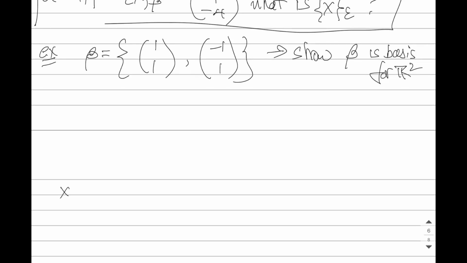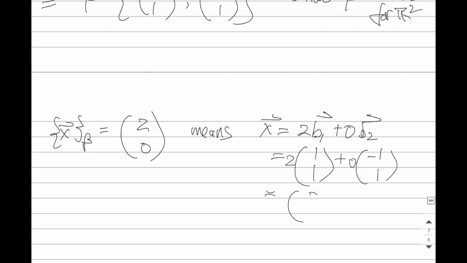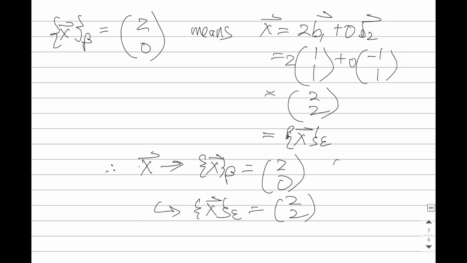If I tell you that the coordinate representation of a vector in this basis is (2, 0), this means that the vector x is formed by 2 bunches of b1 and 0 bunches of b2. You know what the basis representation is for each one of them, and that tells you you'll end up with the vector (2, 2). And this is what the vector representation would be in standard basis. This vector x would be called (2, 0) in B basis, but in standard basis, it would be called (2, 2). So it's kind of like talking about the same object. You would name it something in French, but in English, it would have a different name.